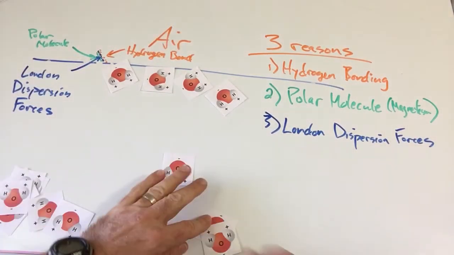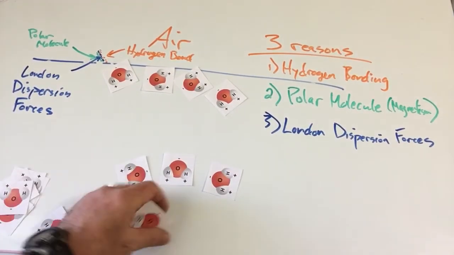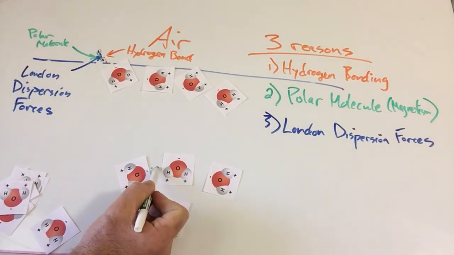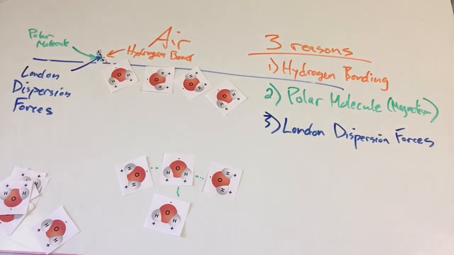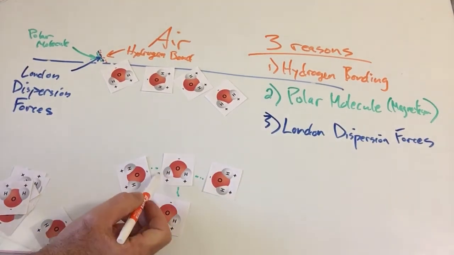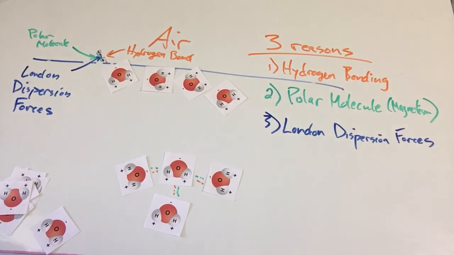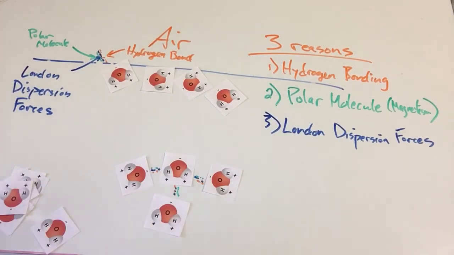So if we look at, let's say, this one particular water molecule, you're going to find between it polar bonds, polar bonds, polar bonds, which is really just magnetism. And you're going to find hydrogen bonds, hydrogen bonds, hydrogen bonds. You're going to find London dispersion forces, London dispersion forces, London dispersion forces.